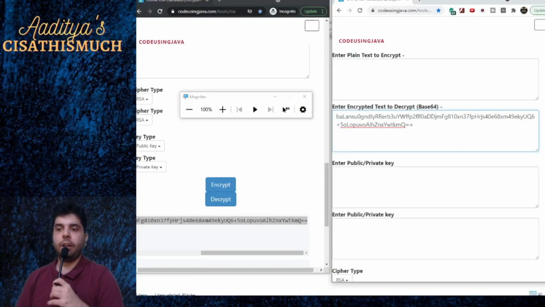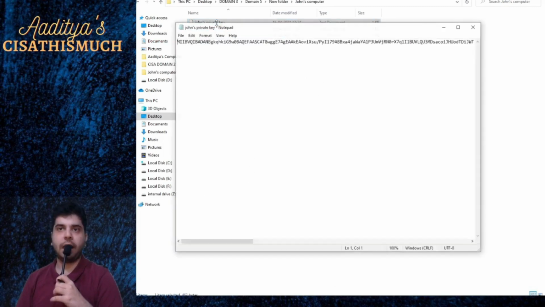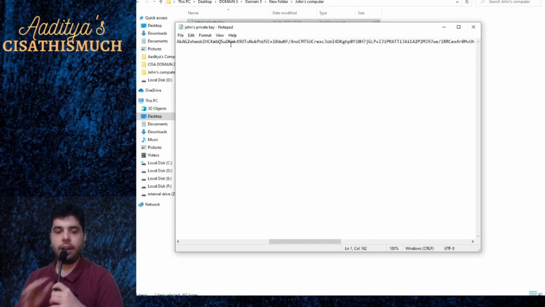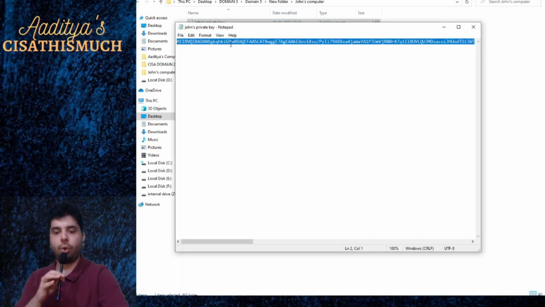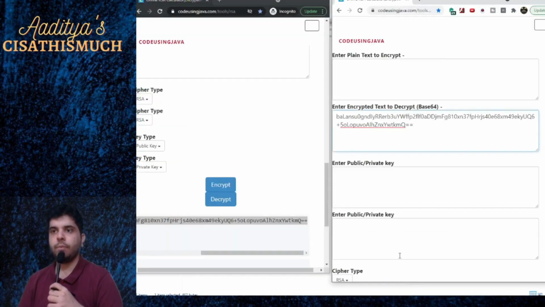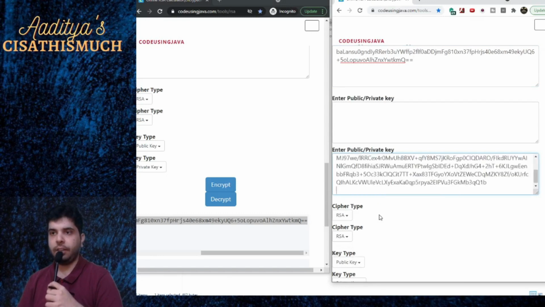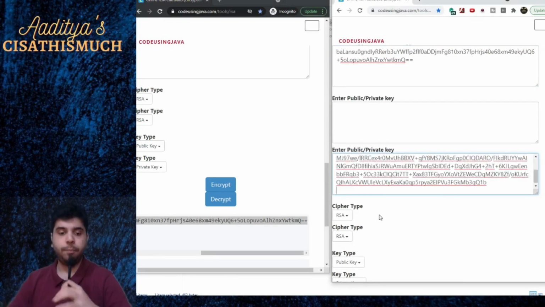Now I'm going over here, John's computer. Now John is opening John's private key file. All right, Control A, Control C. Now John is pasting his private key over here. Now let me zoom in.